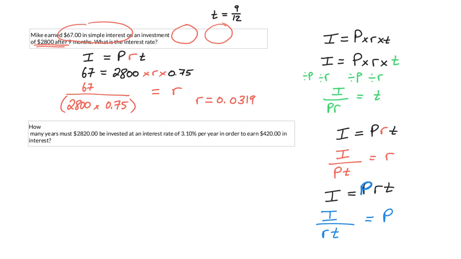I'm just going to round it off to 3 decimal places. Now, remember when we use rate in an equation, rate is always in decimal form. But it's asking us for the interest rate, and what it's implying is that we want it as a percent. So to get it back into percent form, I just have to multiply by 100. So the interest rate that Mike invested at was actually 3.19%.